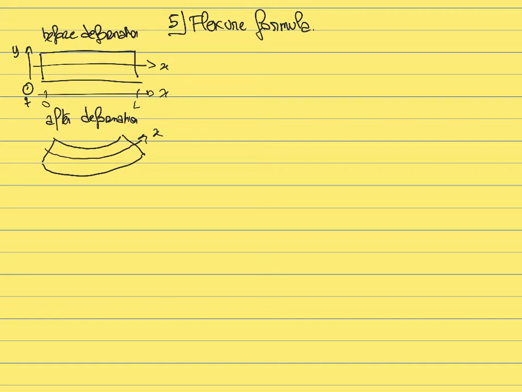So if we want to look at what happens, we need to isolate a small section of this beam. We're going to take a portion of the beam between x and x plus dx. Initially this section of the beam is going to be a rectangle like this, and after the deformation it is going to turn into something like this.